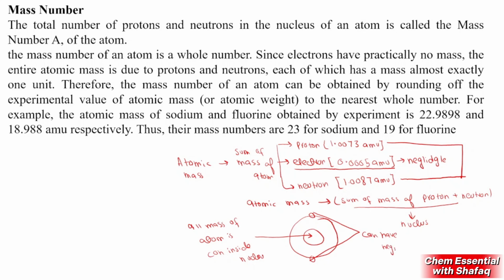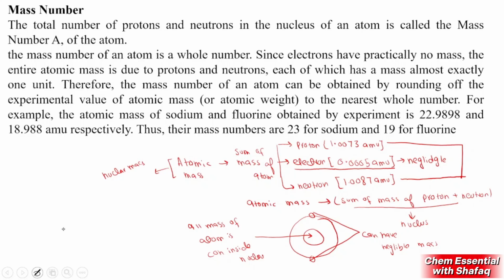If they have negligible mass, we cannot consider their mass anymore, and we can call atomic mass the sum of the masses of the proton and neutron. We can also call atomic mass the nuclear mass, because it is basically the sum of the subatomic particles which are present inside the nucleus. ठीक है, this is the whole concept.